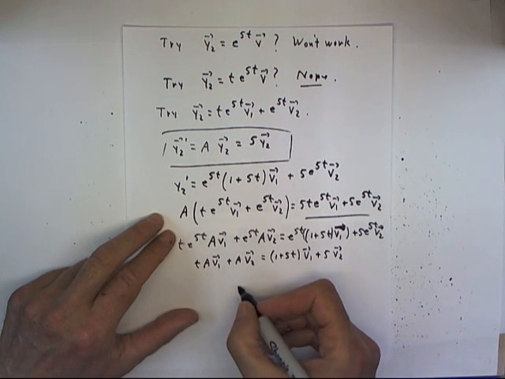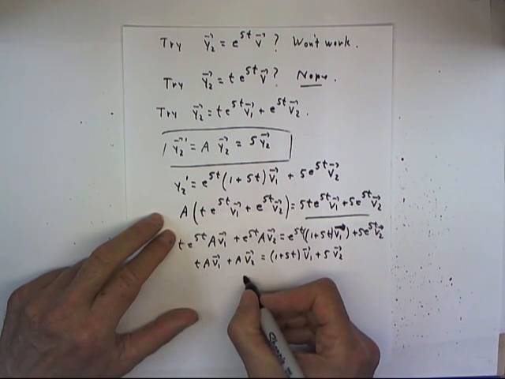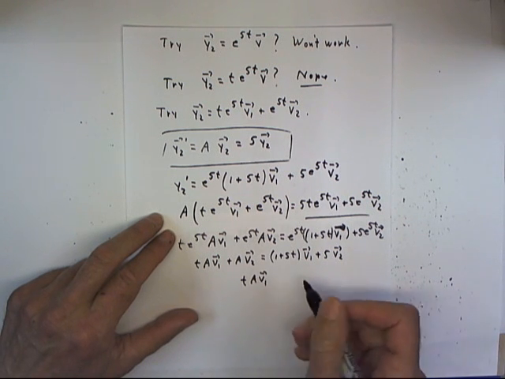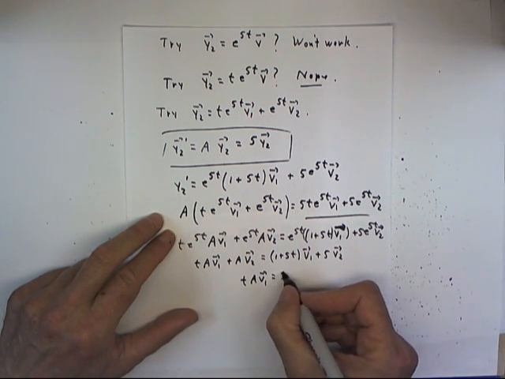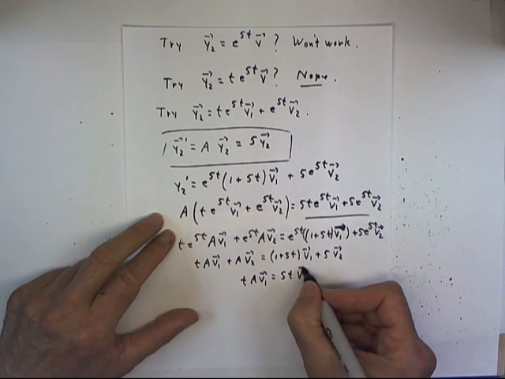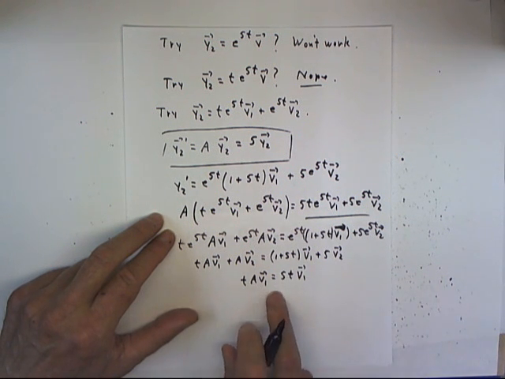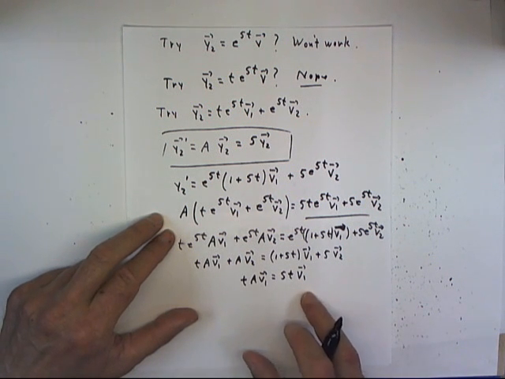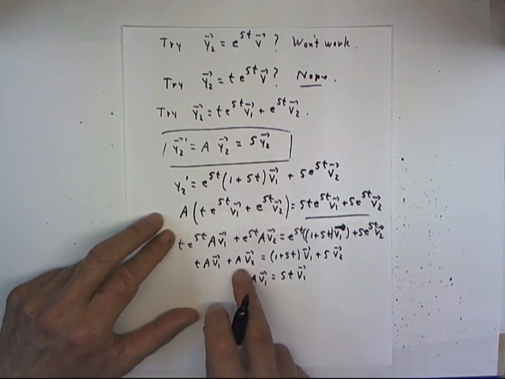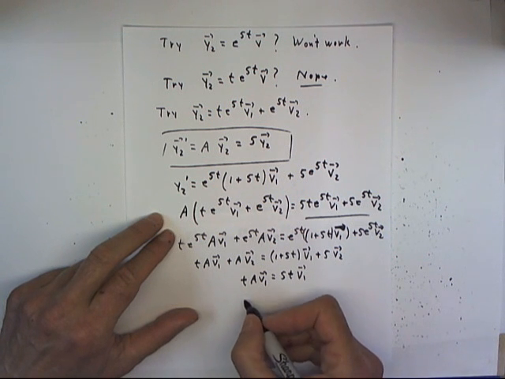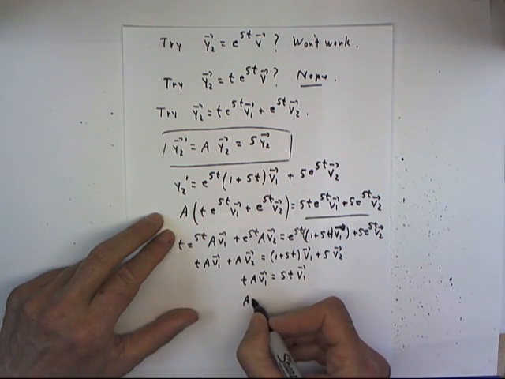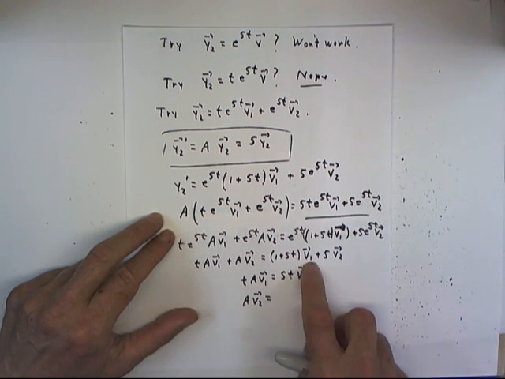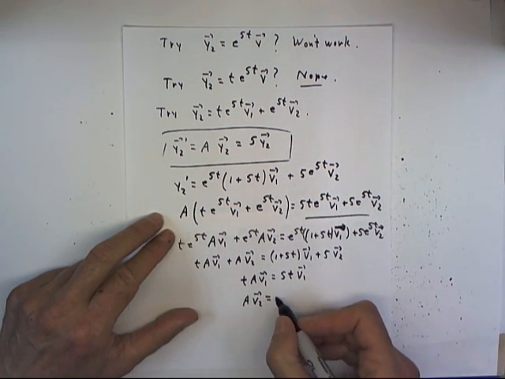This gives us not the solution, but the condition on our solution set that this must be the case, and then our condition on v2 is simply that A v2 equals 1 times v1 plus 5 v2.